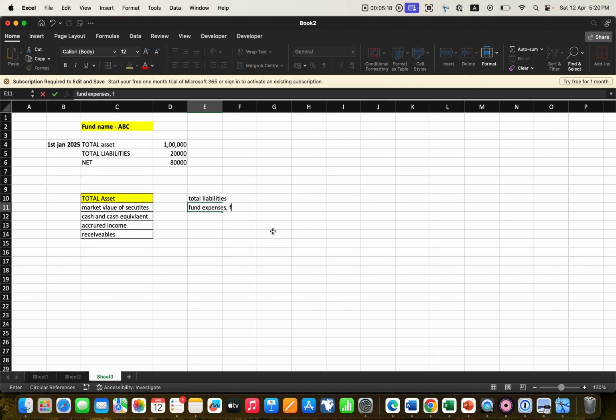So expenses, fees, and obligations that need to be paid in future. Accrued expenses as well.